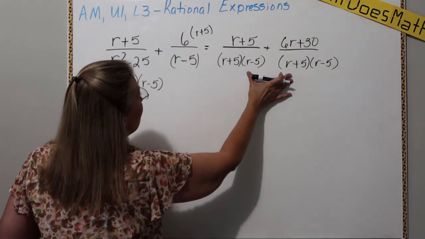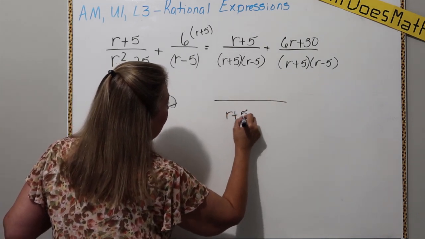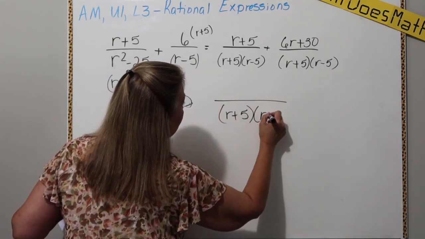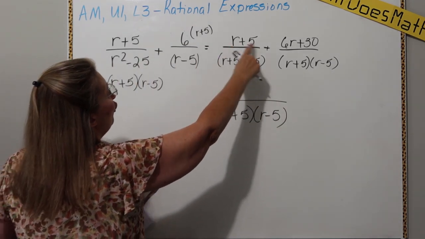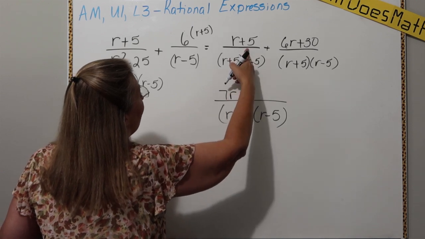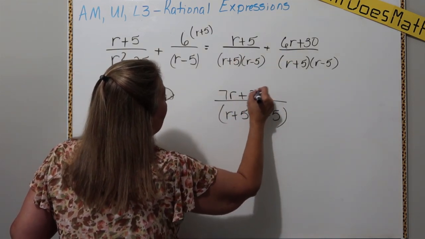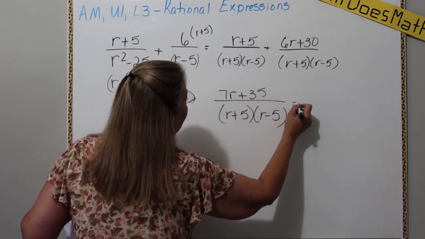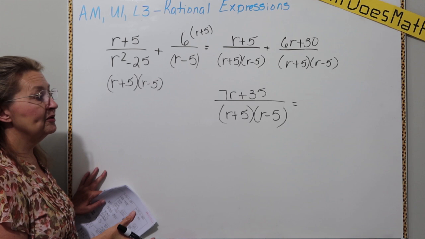And remember, since denominators match, now we can combine and just use one denominator. All right, when I add here, r plus 6r is going to be 7r, and 5 plus 30 is going to be 35. Now, if you can factor your numerator, you need to do that because it might cancel out with something.